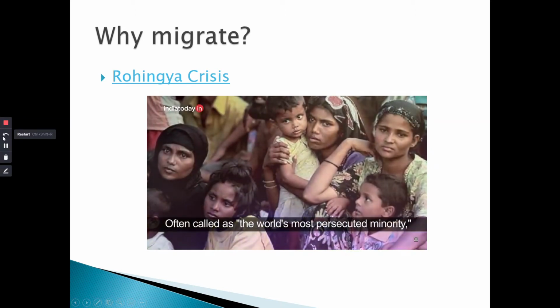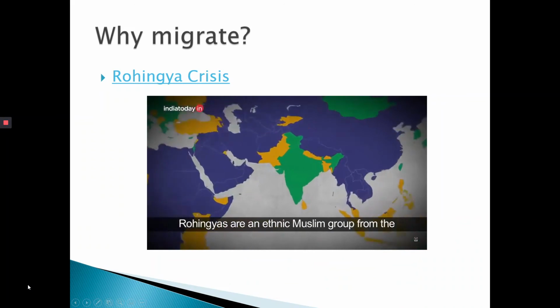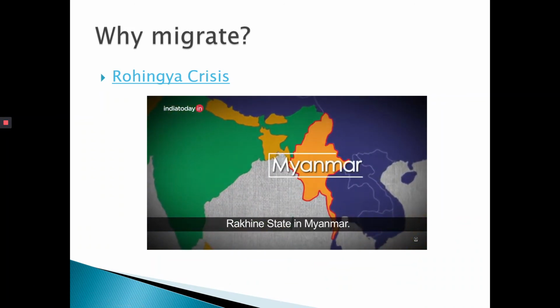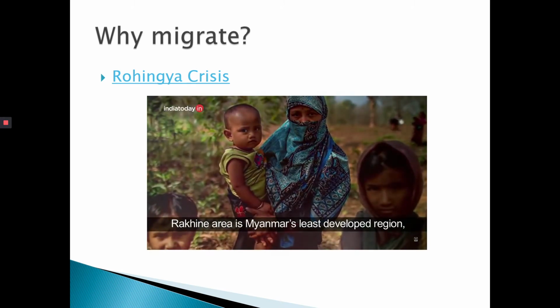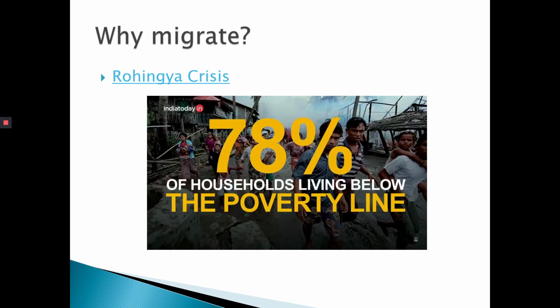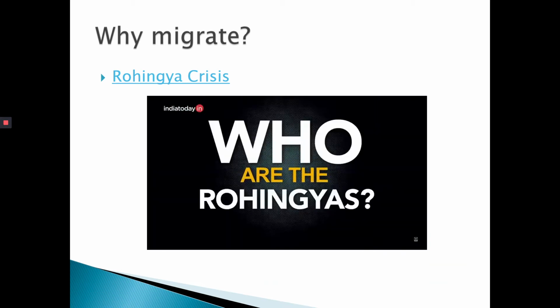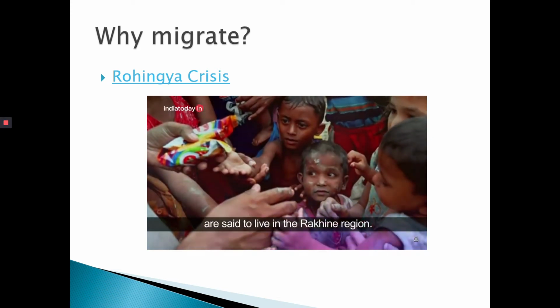Often called the world's most persecuted minority, Rohingyas are an ethnic Muslim group from the Rakhine state in Myanmar. The Rakhine area is Myanmar's least developed region, with more than 78% of the households living below the poverty line. About 1.1 million Rohingyas are said to live in the Rakhine region.